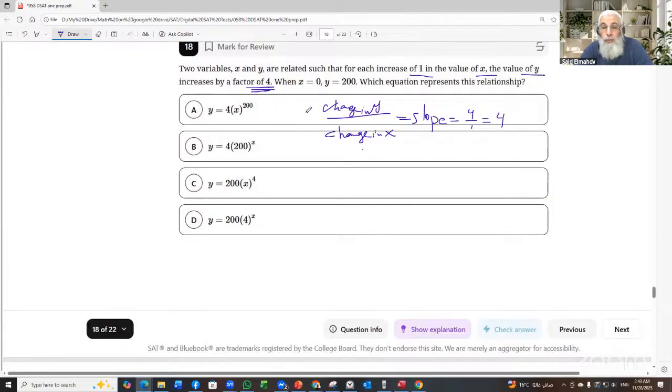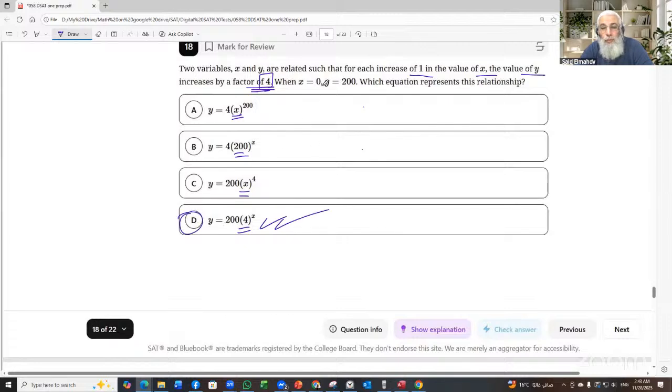But a factor of 4, no, this is not a linear equation. This is an exponential equation. Each time we multiply by 4, so the ratio is 4. This should be 4, and this is the correct answer.